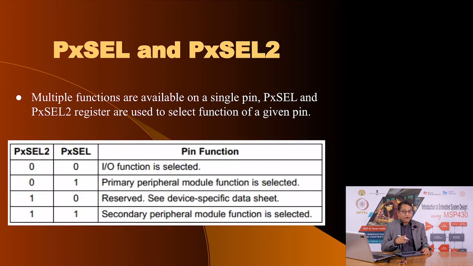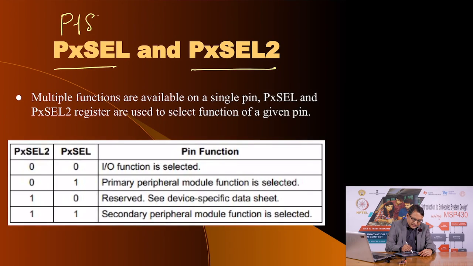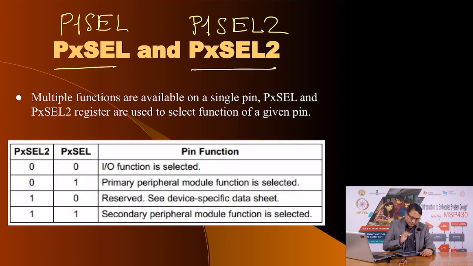Now, we also have to deal with the select bits, or there are 2 registers, one is called P1 SEL and P1 SEL 2. So, this will become P1 SEL for port 1 and this will become P1 SEL2. And what are the options we have? If the value 0 0 is written into these 2 registers at any bit location, that enables that pin to function as input output.